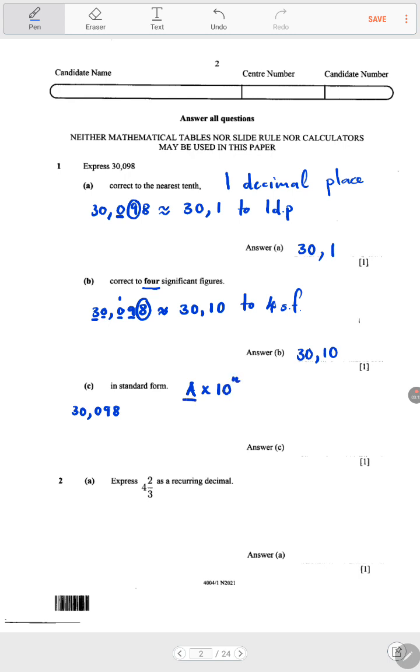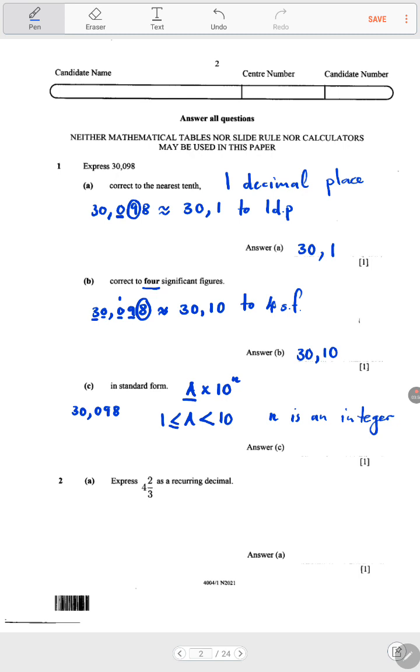So A is a number equal to 1 or greater than 1, but less than 10. And n is an integer. Integer means positive or negative whole number.